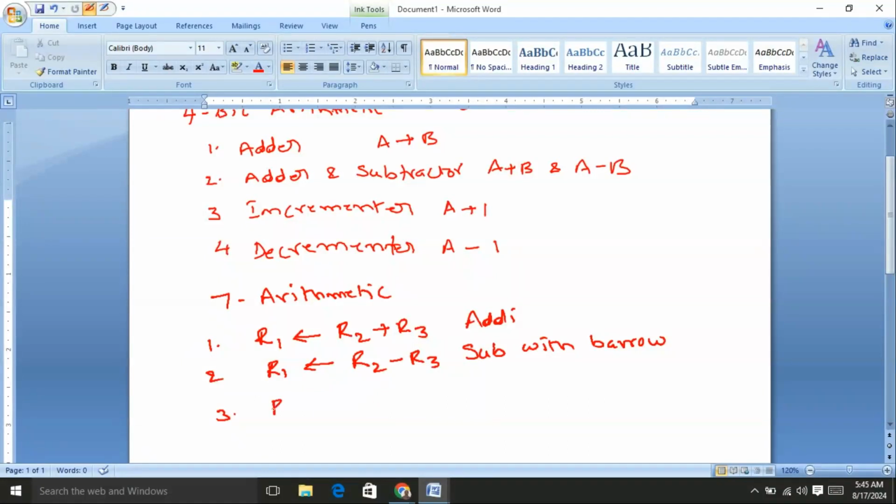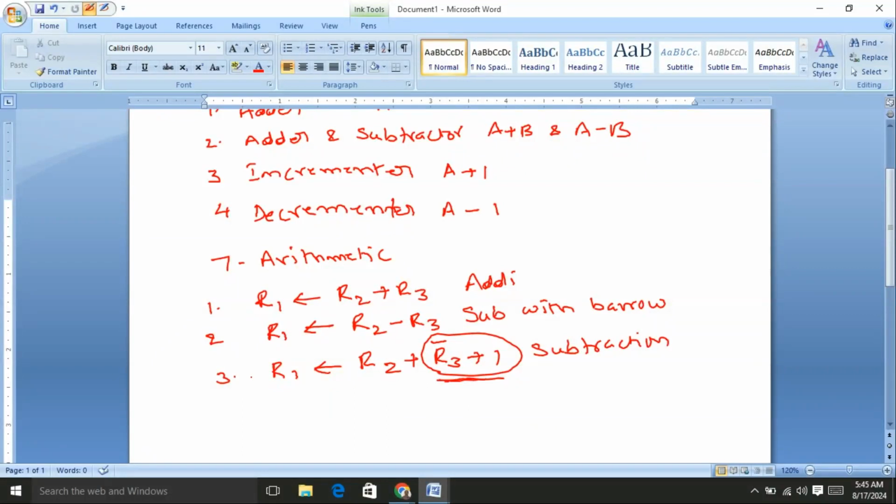The third one, R1 replaced with R2 plus R3 bar plus 1. We know that this is the 2's complement subtraction. This is the actual subtraction. We can calculate the 2's complement of the subtrahend and add it to the minuend, right?